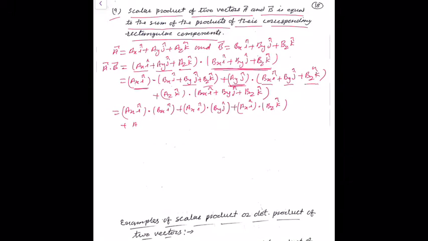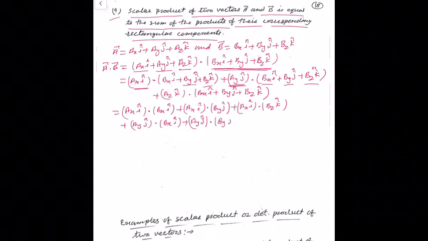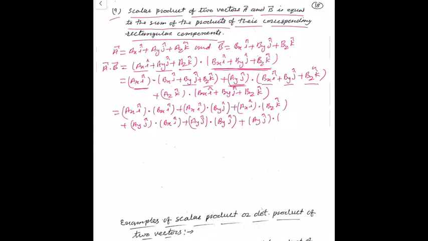So we can write ay j cap dot bx i cap plus ay j cap dot by j cap plus ay j cap dot bz k cap.